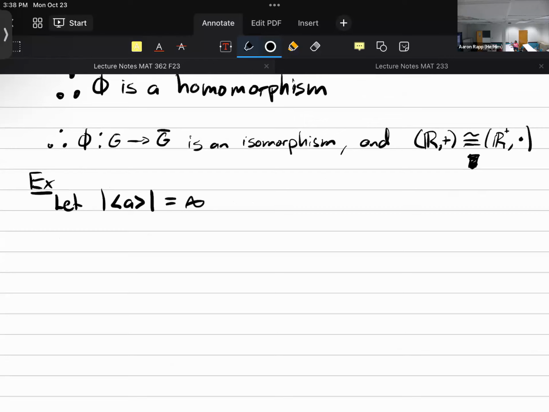So we're gonna choose a cyclic group generated by an element A, and we're going to assume that the order is infinite.